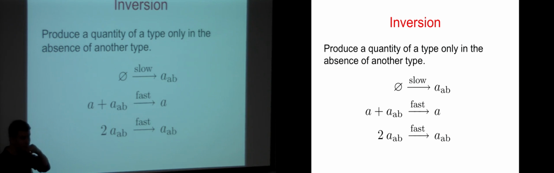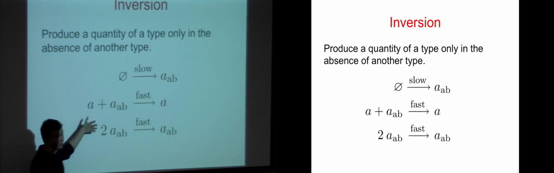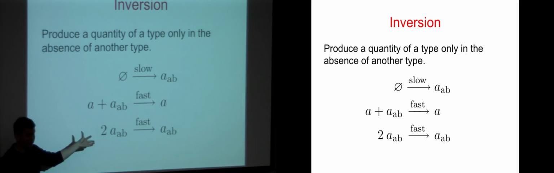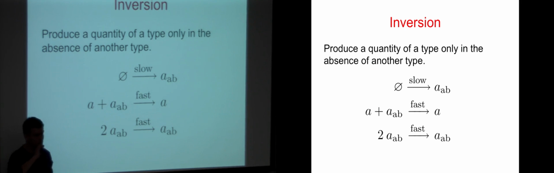The Y and YAB can actually be present together, but this set of reactions will ensure that the YAB only appears and persists when I have very little Y. And conversely, if I have a lot of Y, then I don't have the YAB. It's just this back and forth mechanism.